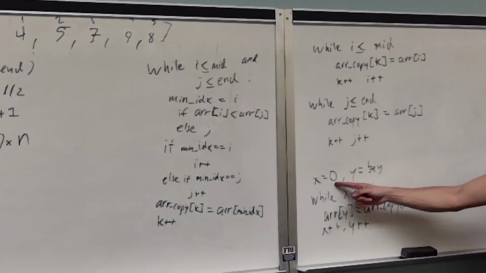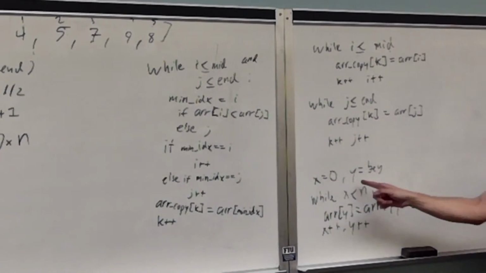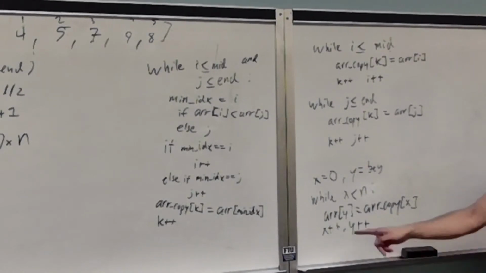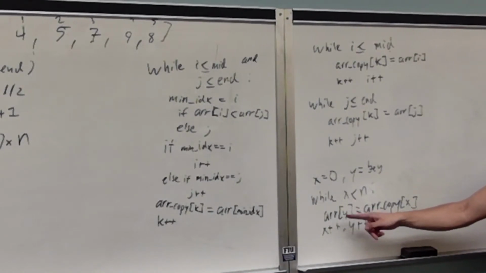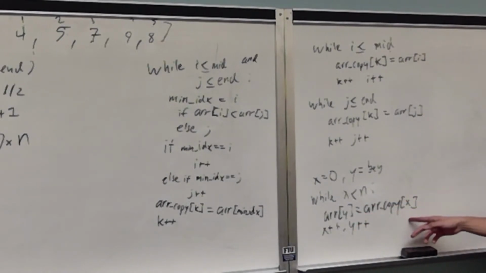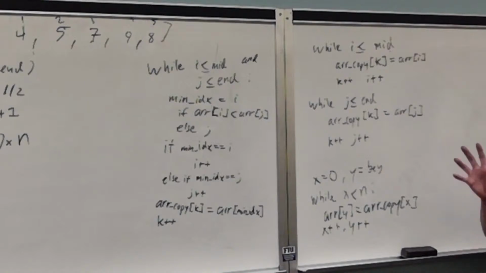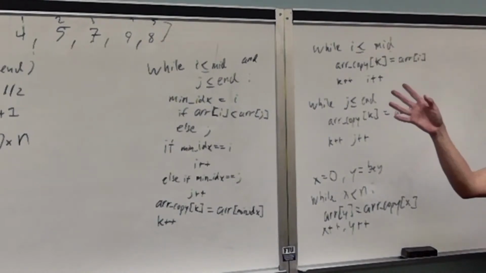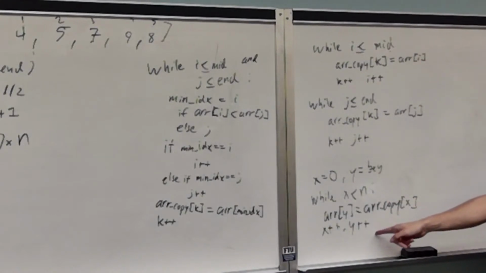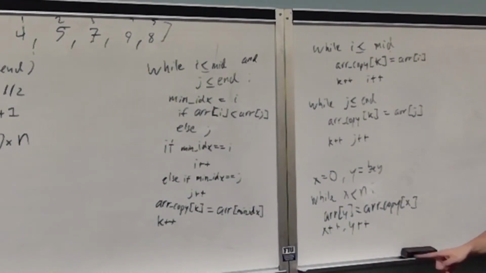So x is 0, so x is going to iterate through array copy, but y is going to iterate through the original array. So array y gets the value of array copy. Remember, like before, when we had the red array and we just filled up the original array? What did you fill the original array with? You fill up the original array with the values of the array copy.